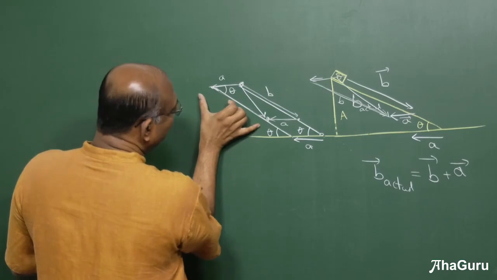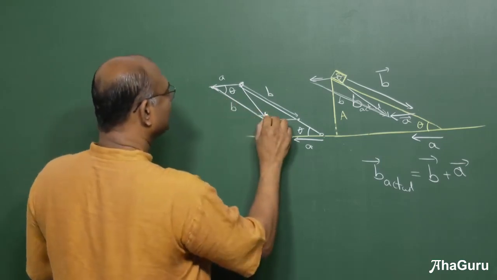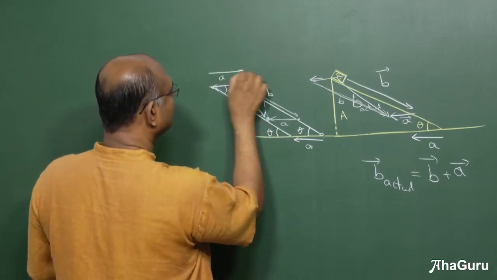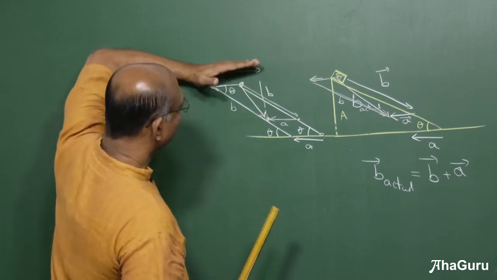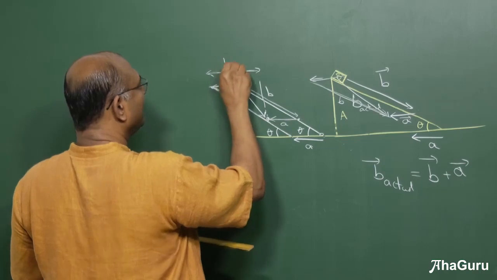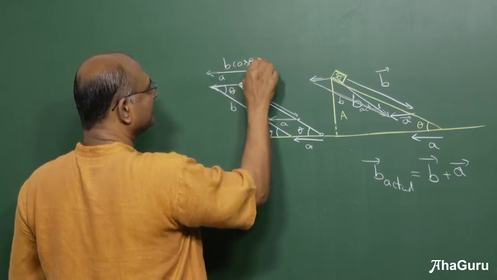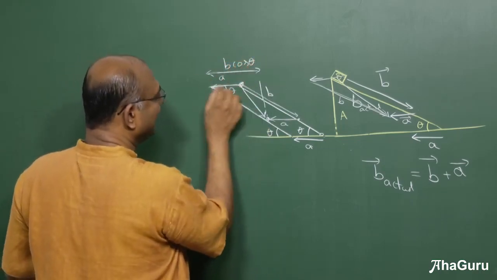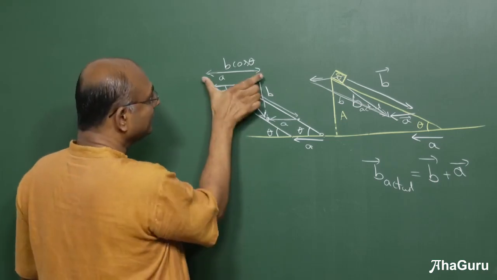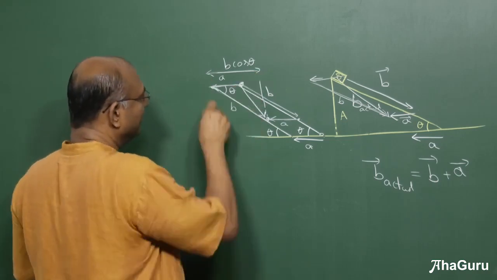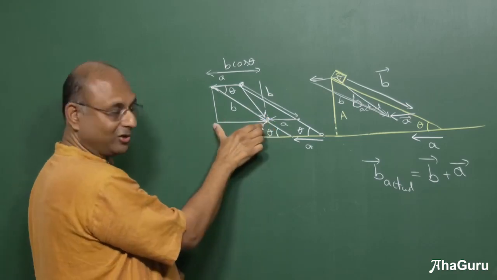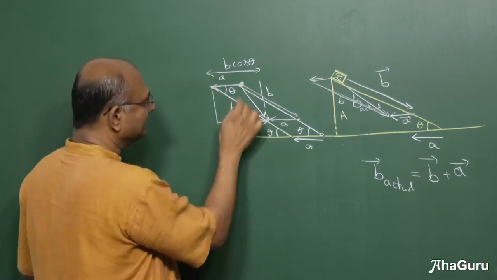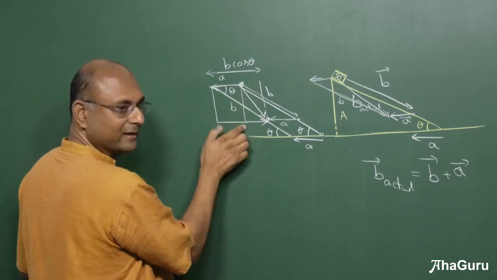Now if I look at B and take its component, look at this length. This is B, and so that is going to be B cos theta. And this is A. Is that clear? If I draw it like this, you can see it better. This is B cos theta. But this is A. So how much is this?